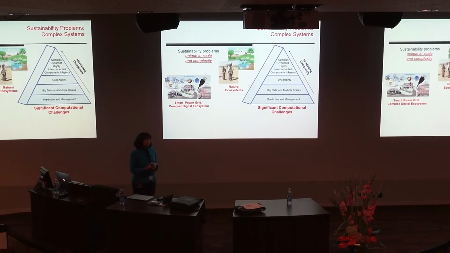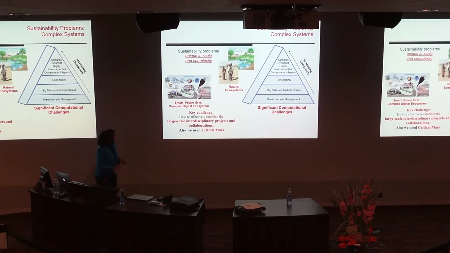Often we are dealing with complex systems, and we want to predict and manage these systems. We collect lots of data. Typically we are dealing with data characterized by multiple scales, temporal and geographic, uncertainty, and in general very complex dynamics. So clearly we have many computational challenges.